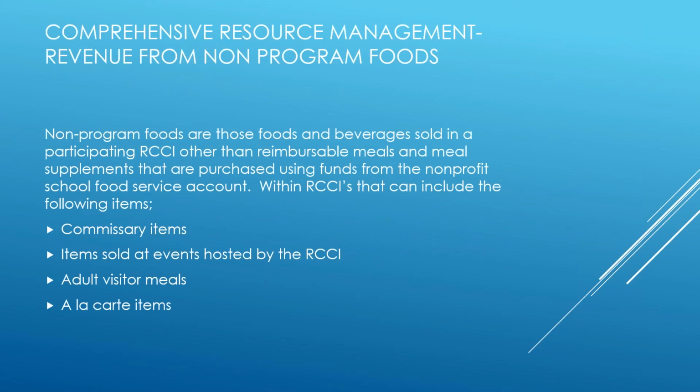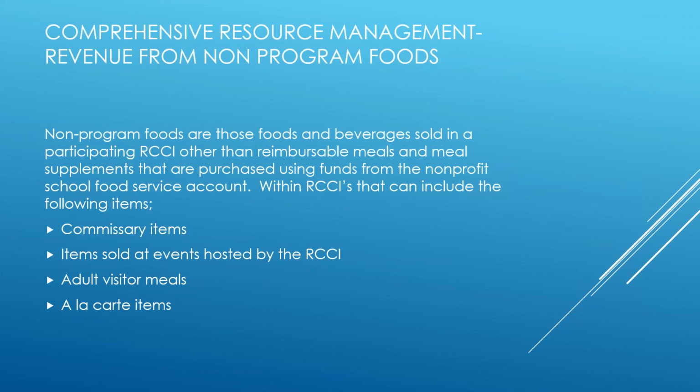Revenue from non-program foods. So just quickly, non-program foods are foods and beverages sold in the participating RCCI other than reimbursable meals, meal supplements that are purchased with funds from the nonprofit school food services account.